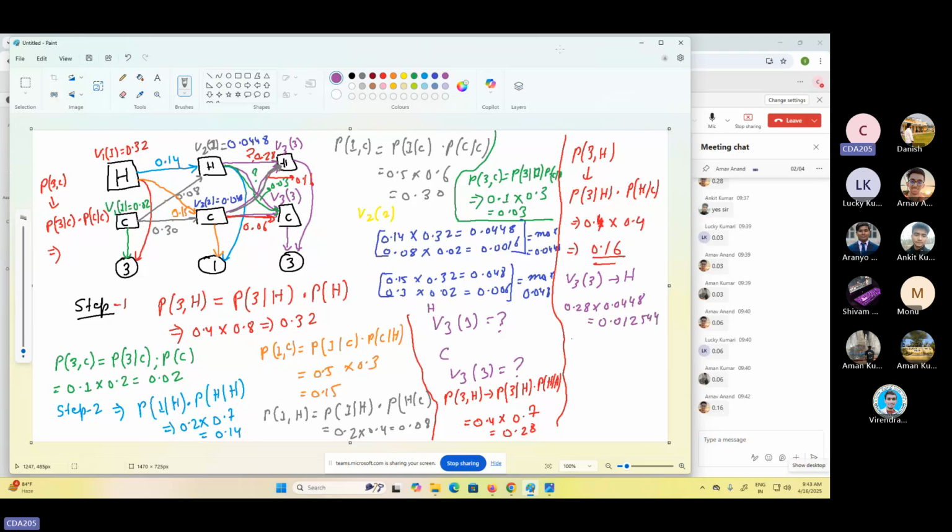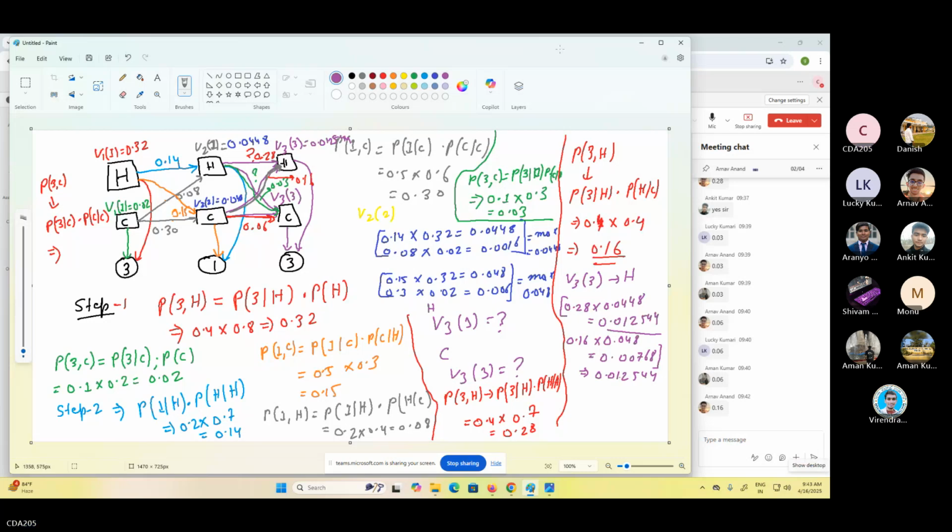Another one: 0.16 into 0.048. So its value will be 0.00768. Which will be the max? Of these two, which is the max? This one is the max. So the output will be 0.012544.